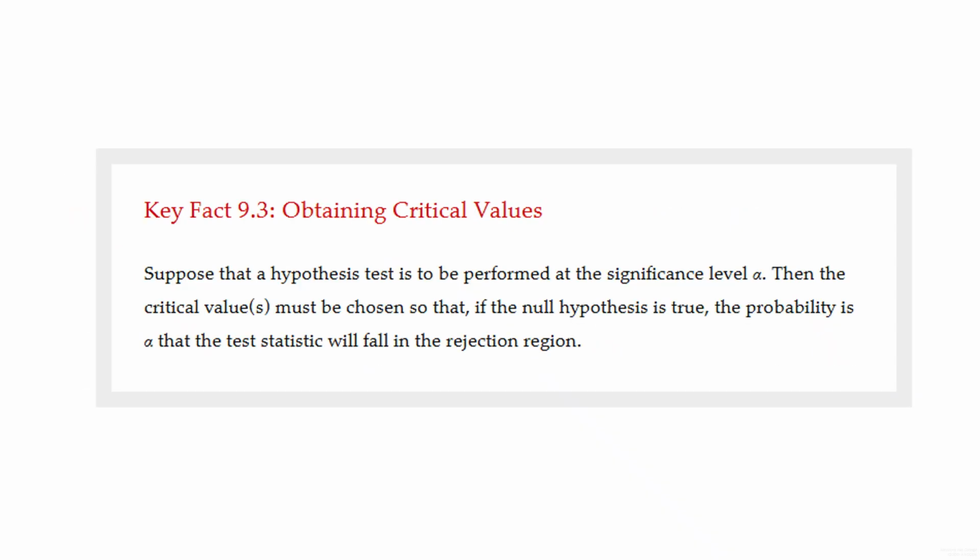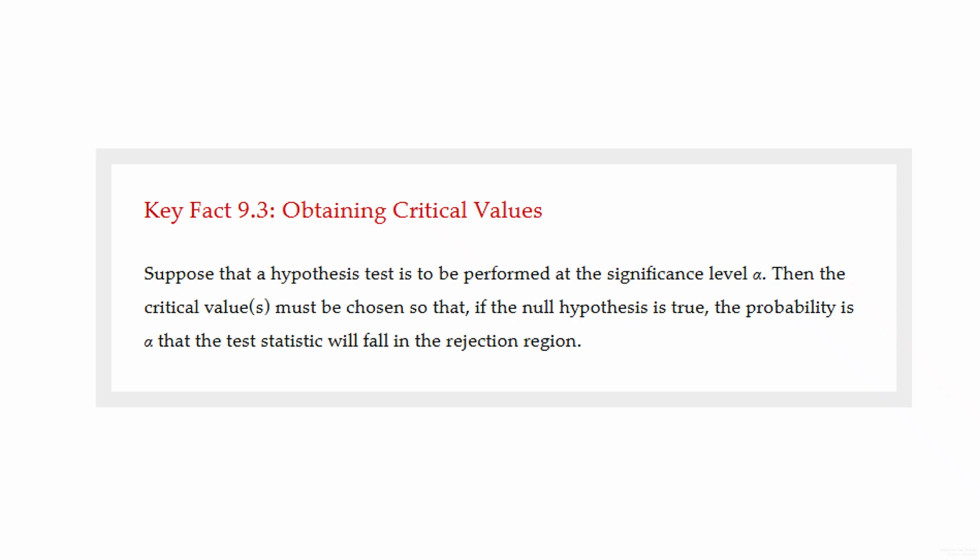Okay, so we know that we're going to get some sort of test statistic, and then we're going to have to compare it to some sort of value to decide whether it is in the rejection region or not. And that value is our critical value. So, obtaining critical values. Suppose that a hypothesis test is to be performed at the significance level alpha.